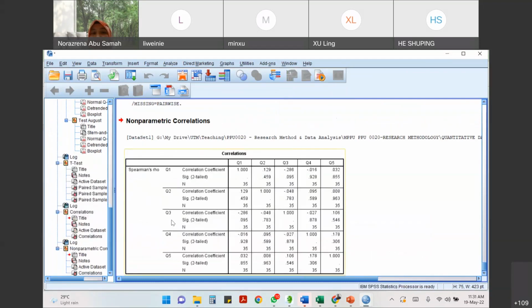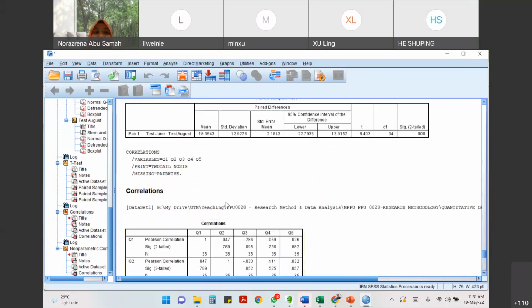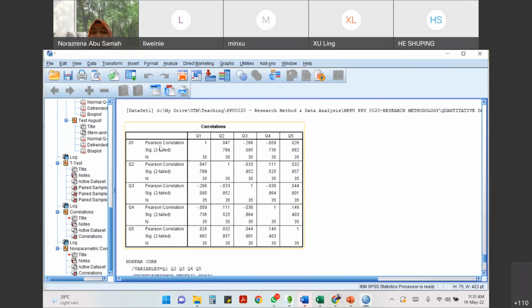Okay, this is called the correlation matrix, because it is a matrix. All correlations you will get in this matrix, when you use Spearman, Pearson, Phi, Cramer's V, chi-square, and so on. So this is the Pearson. If you want to use Pearson, the data is here.